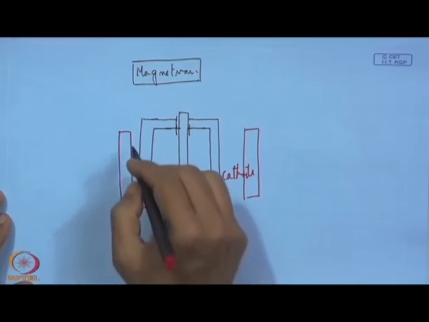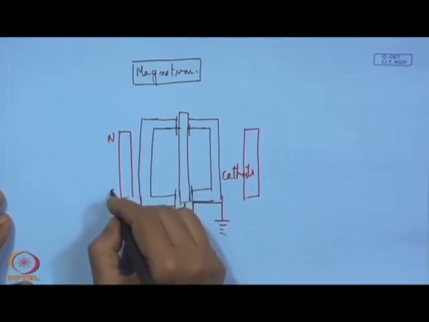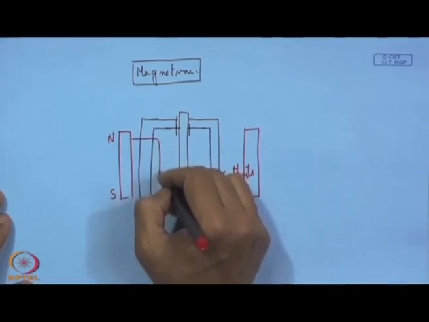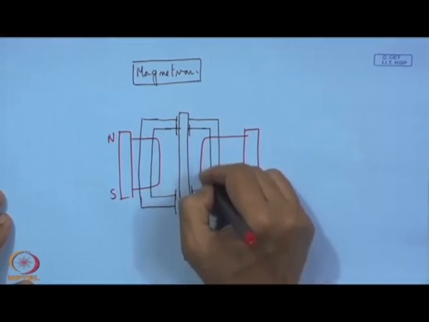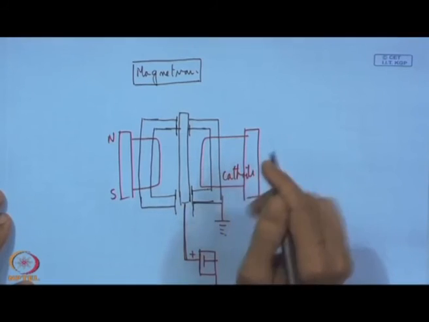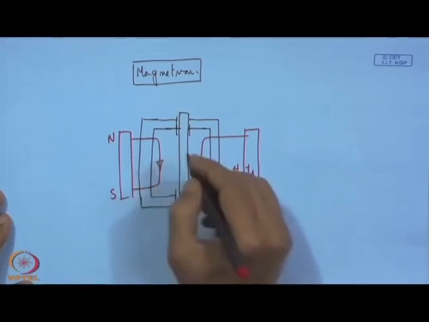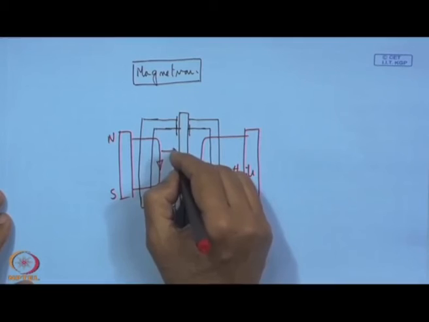So, naturally this is north south. With this magnet we have lines of force, which are closing on themselves. So, this is the magnetic lines of force, and here we have one electric field.